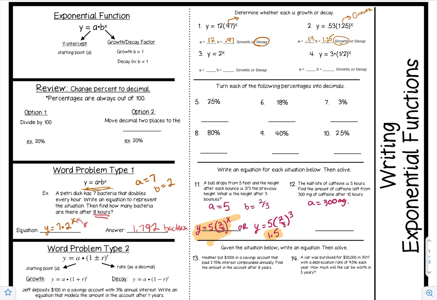So the number of half-lives is 2. But the main thing, before we even get there, is to realize that we're talking about half-life. So that means in 5 hours, that 300 milligrams of caffeine will shrink to 150. So the b is 1/2. Our equation is y equals 300 times 1/2 to the x.